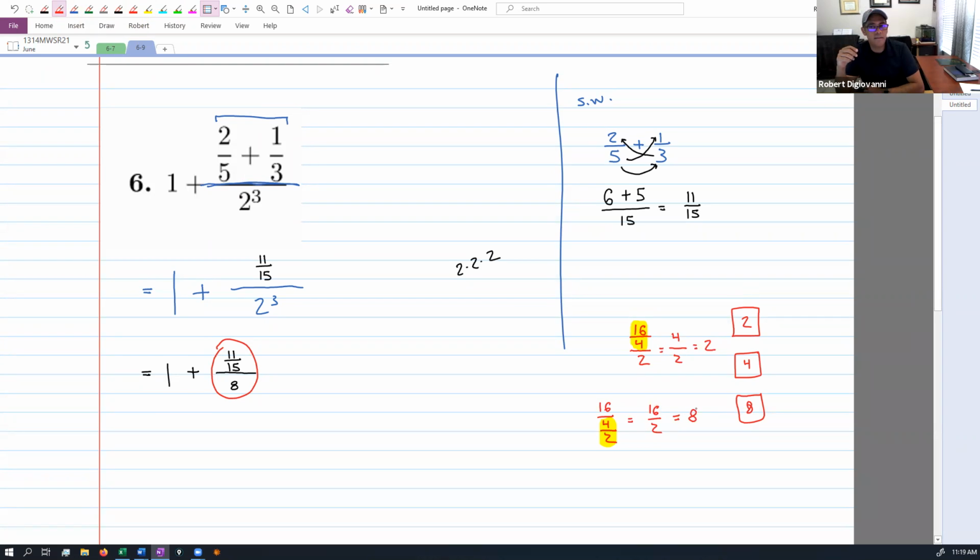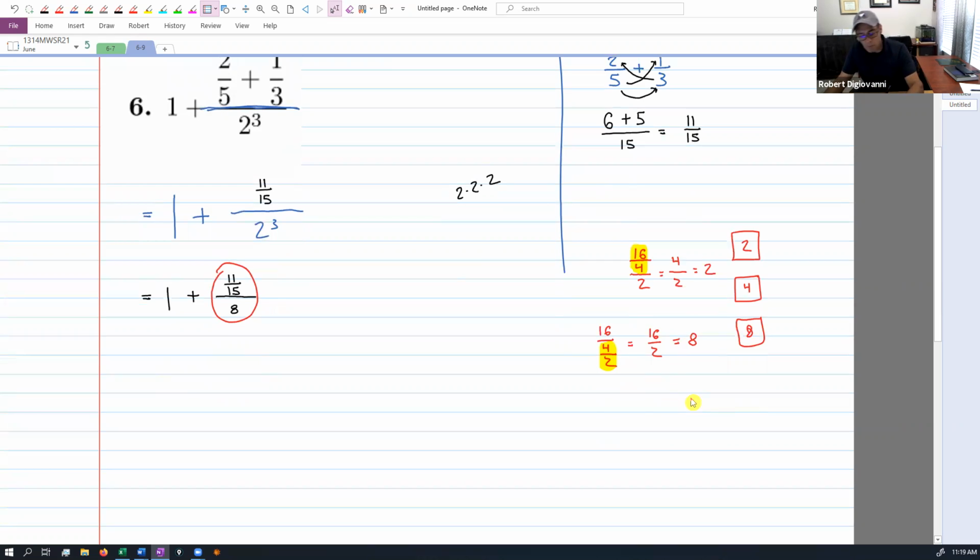Y'all see that? So this is a trick question, okay? It's a trick question because I want to know which of these is correct, or are they both correct? But the way I wrote the problem is actually incorrect. When you have a fraction divided by another fraction, the length of the bar between the fractions is vitally important.